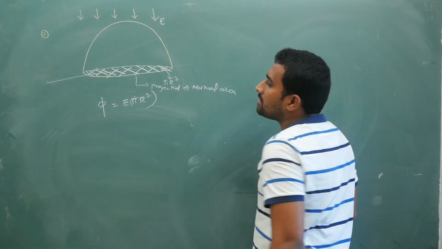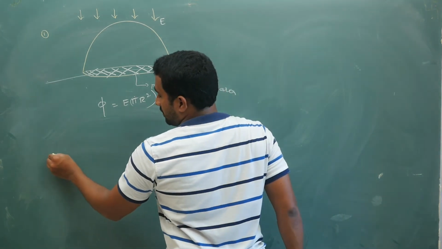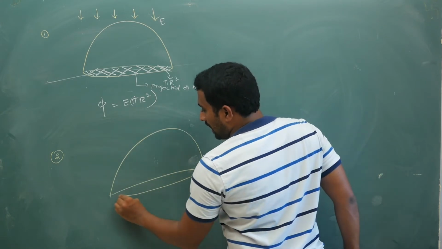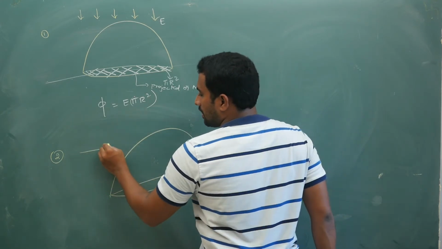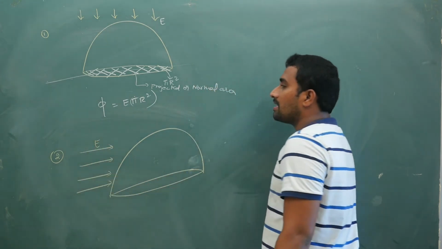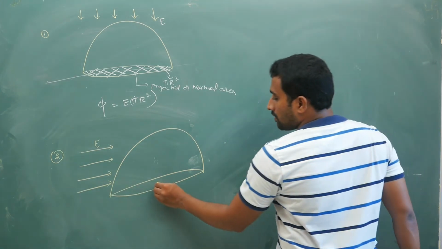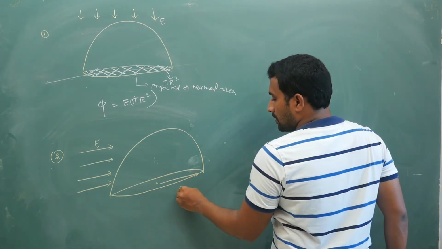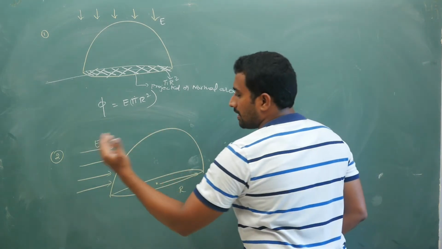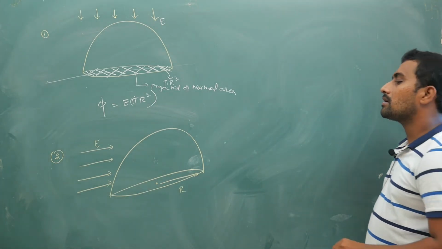Now one more example. Let us say you have your field lines coming like this, your electric field is E like this, and your radius is R. What is your normal area?